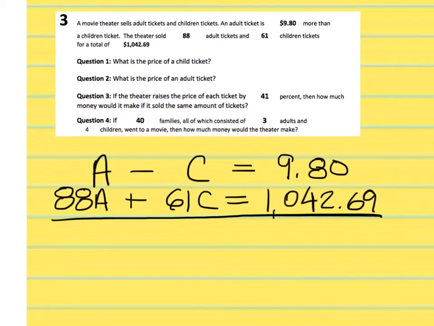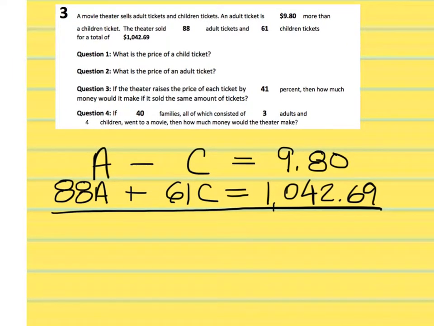From about 3 weeks of doing this, you should know that you could solve this by elimination or substitution. I am going to solve this by substitution, which means I must first rearrange this first equation into something that has just a variable by itself. I am going to solve for A, which means I have to move this to the other side.